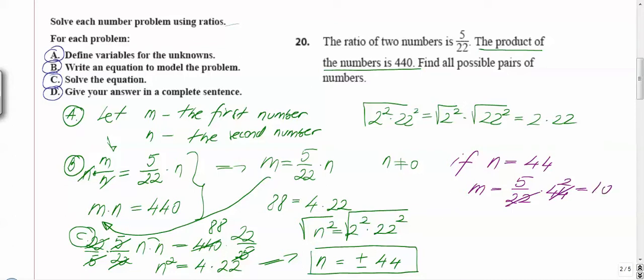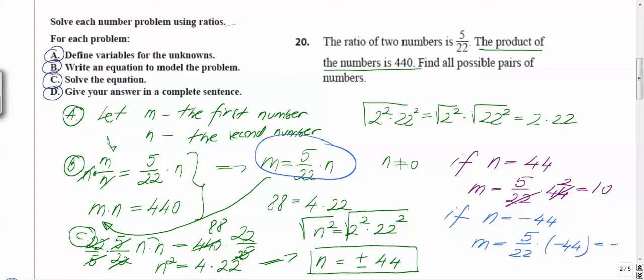And the other possibility for your m will be given by the case in which your n equals negative 44, which gives your m as equal what? 5 over 22, I'm using this equation, times negative 44, and that will be negative 10, right?